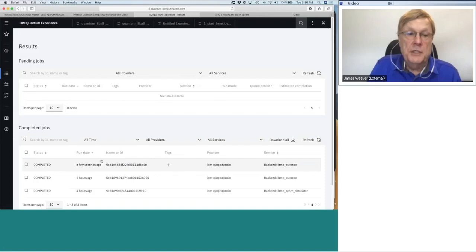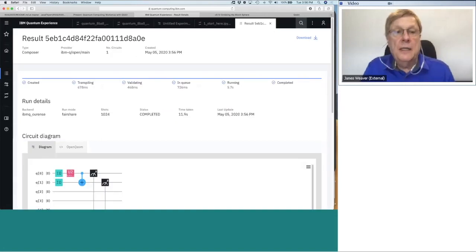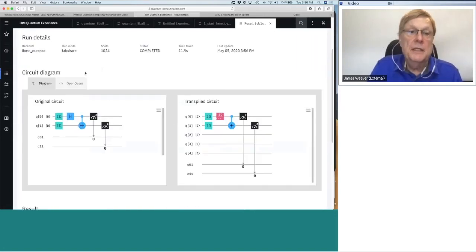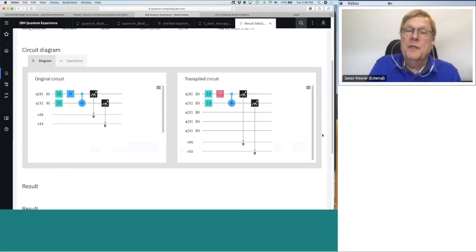I'm going to click on it, and not only can I see some of the details about it, how long it took to complete, I can also see the original circuit diagram and also what's called the transpiled circuit. So the transpiled circuit is the gates that it transpiles it to in order to be able to run on our quantum hardware on that particular machine.